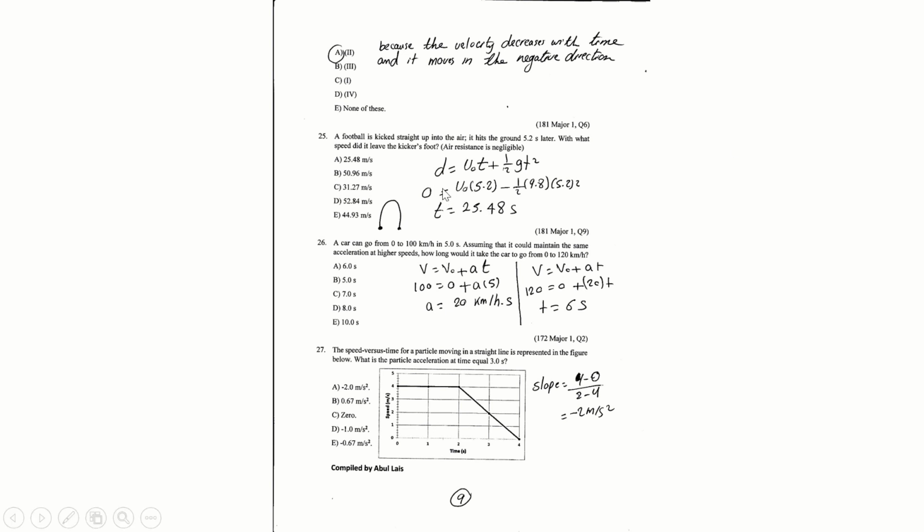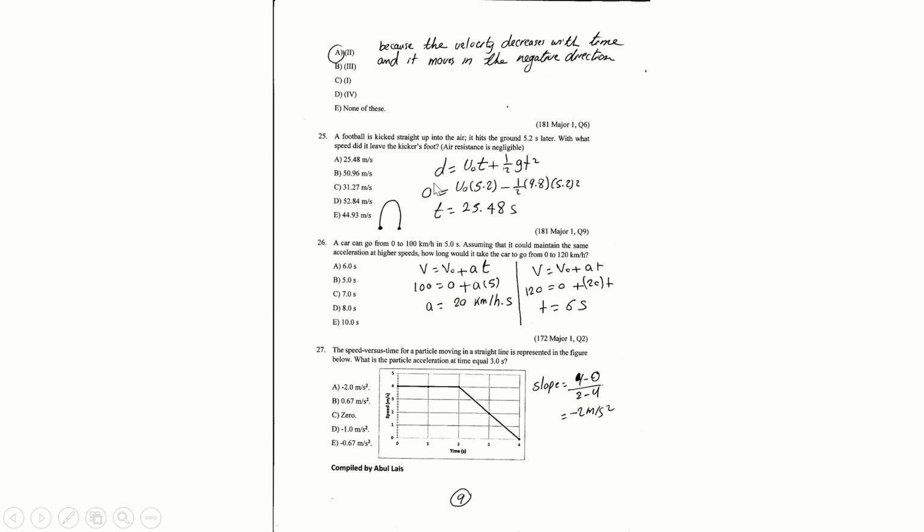And here we use this equation that says d equals v initial t plus half g t squared. Now remember that v initial, or v0, is what you need, multiplied by 5.2, which is the time, minus half times 9.8 times the time, 5.2 seconds, squared.